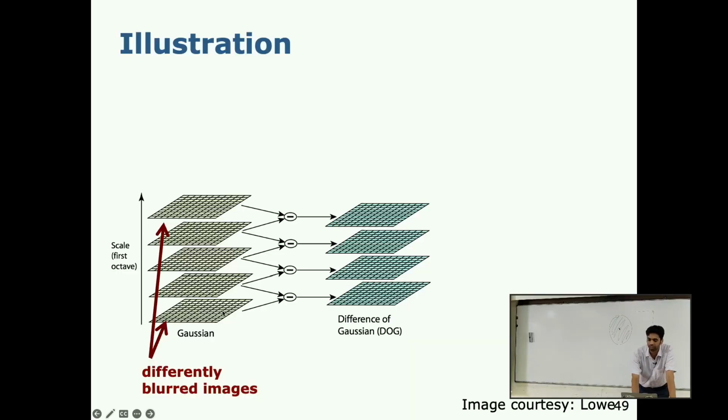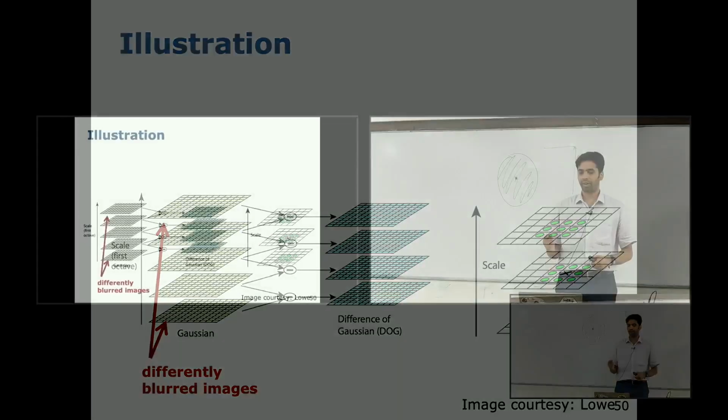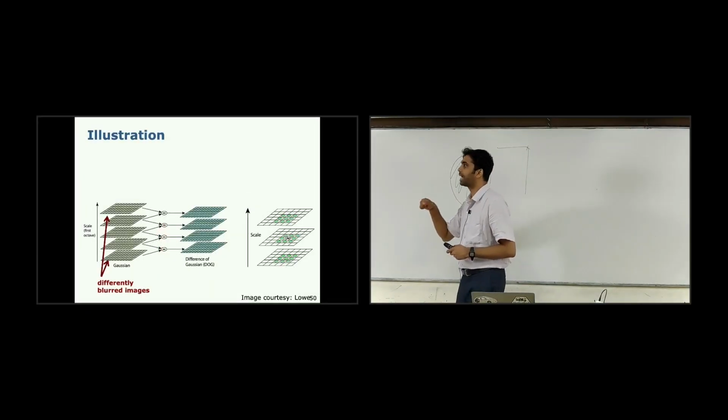Then you take differences between that layer and one more blurred layer. So you take the difference between the original image and the first blurred layer, the first blurred layer and the second one, the second and the third one, and the third and the fourth one. So you now have differences of these Gaussian blurred images.